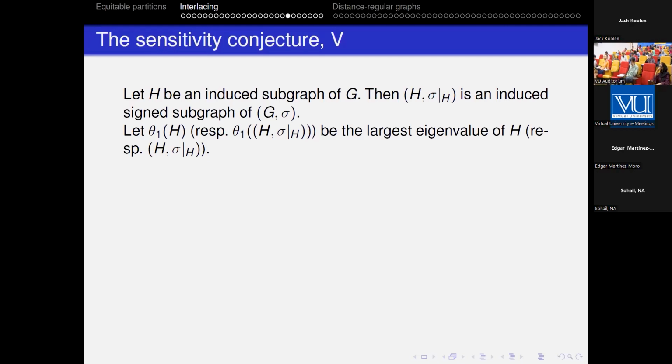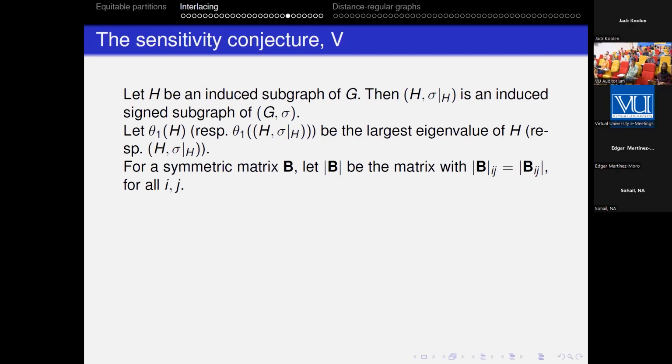So now we look at theta_1(H) and theta_1(H, sigma), the largest eigenvalue of H and respectively of H with sigma restricted to H.